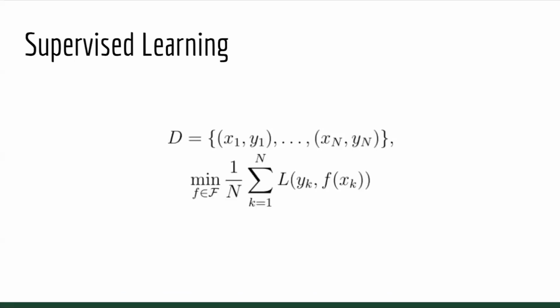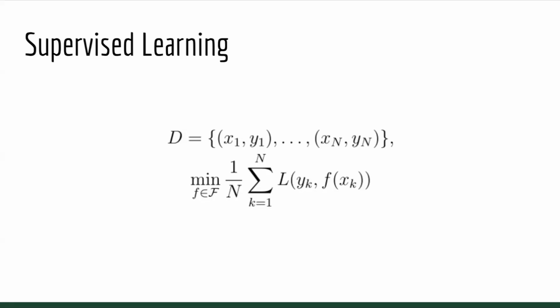This is the general formulation for a supervised learning problem. We have all of our data here, so this represents all of the features we have regarding our wine, and this represents our quality label. And this is a mathematical representation of what you're doing generally with supervised learning. You're essentially picking some machine, for lack of a better term, that takes in all the information about your wine and then spits out some label.